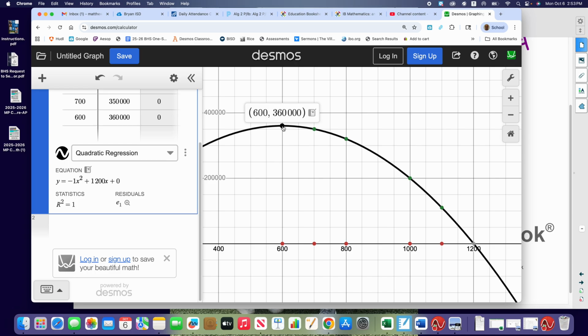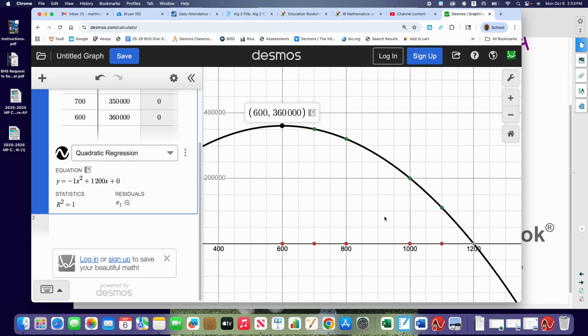If I were to click on it, it tells me what that point is. And so 600 is the width, 600 is also the length, because that was that square one. And my area is 360,000.